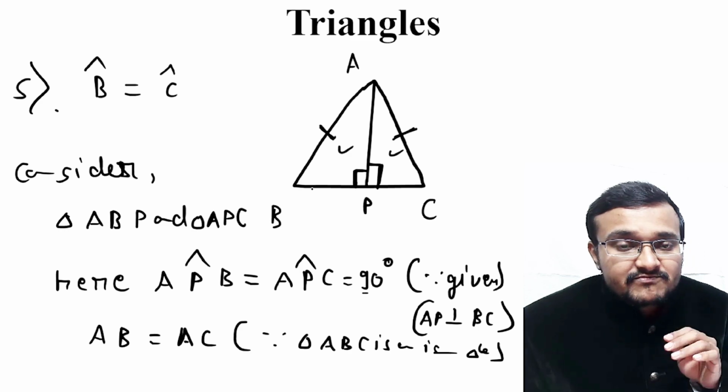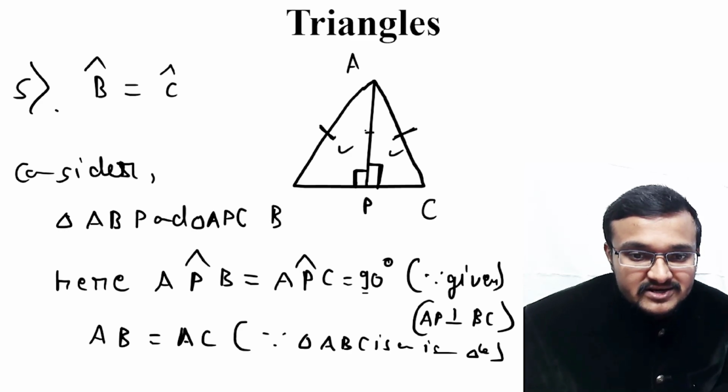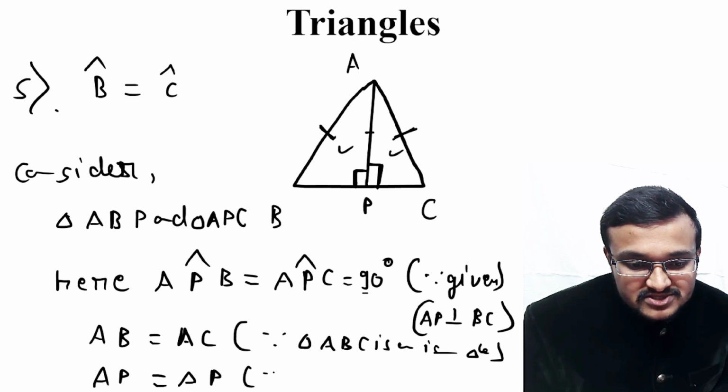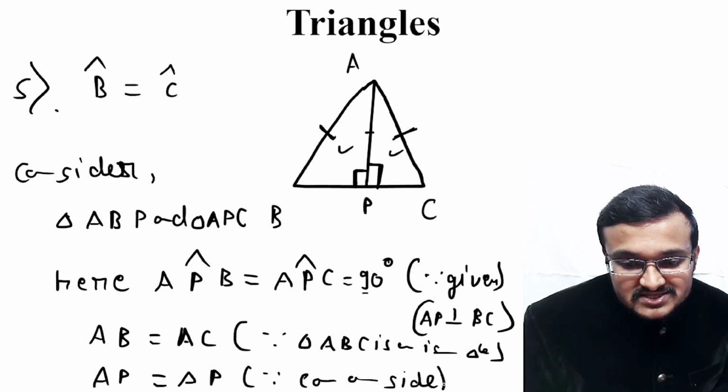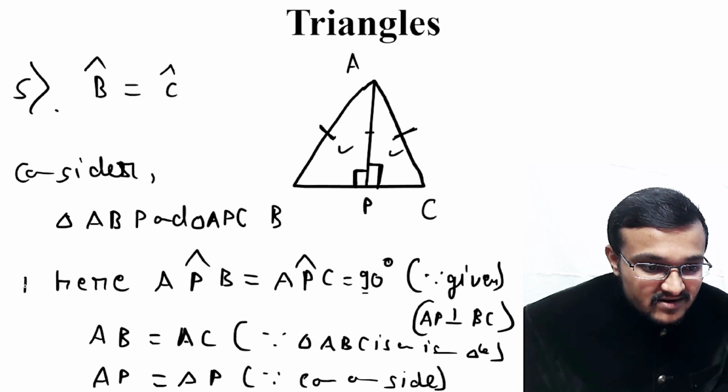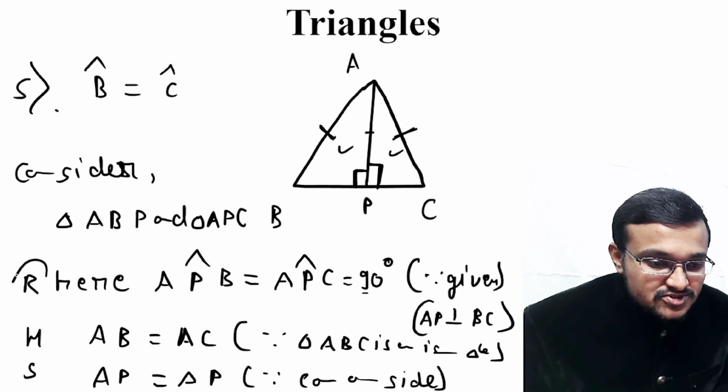One of the side we have to prove they are equal to each other. So we'll take AP. So AP is equal to AP because AP acts as common side. So that means here right angle is there, hypotenuse is getting equal, and one side is also getting equal.